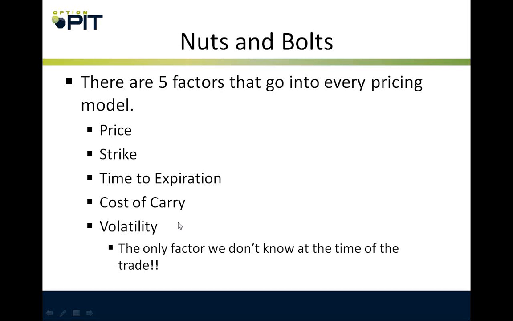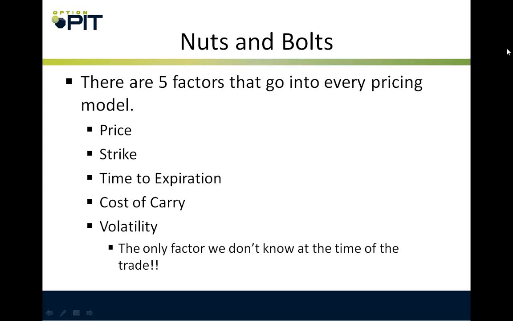If you can't figure out the price of a stock, I want you to leave and stop trading completely. Not just options, stocks. Go and find a financial advisor and call it a day. Strike price and time to expiration: if you can't figure those out, then please stop trading options.